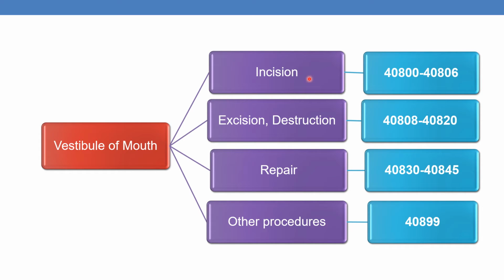The CPTs for incision are in the range 40800 to 40806, for excision and destruction, 40808 to 40820, for repair, 40830 to 40845, and for other procedures, there is only one CPT, 40899.